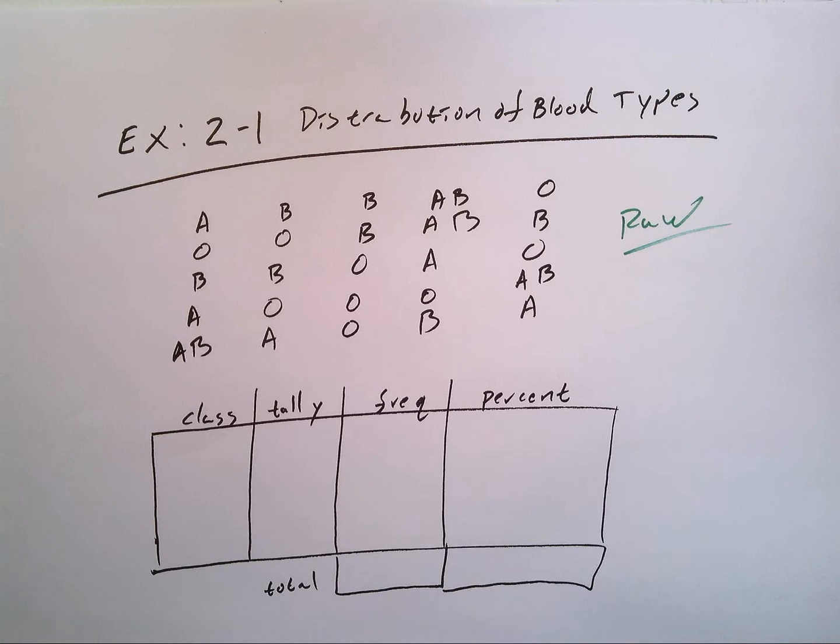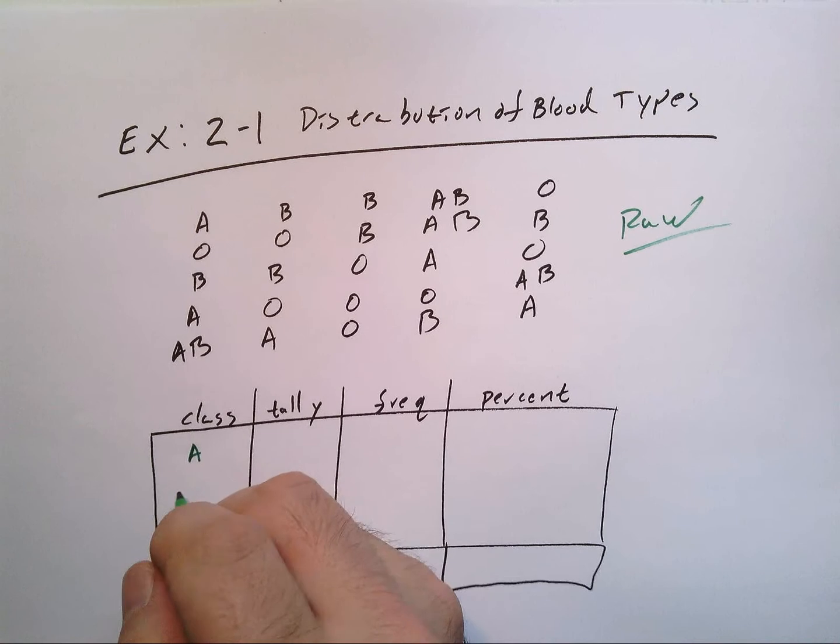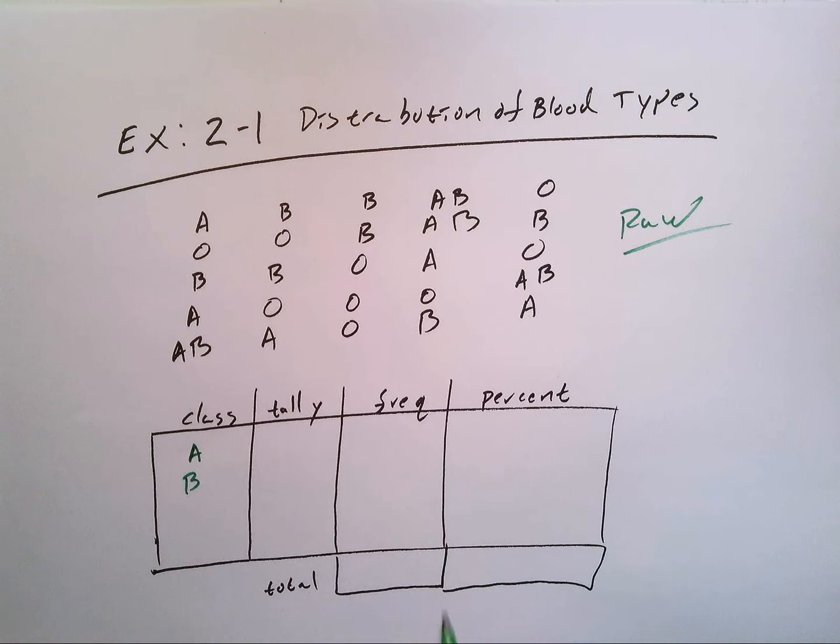Sound good? Looking at the raw data, it looks like I can sort these into 4 different groups. I have A type, B type, O type, and lastly, AB type. Now I'm going to make a tally of how many of each I have.